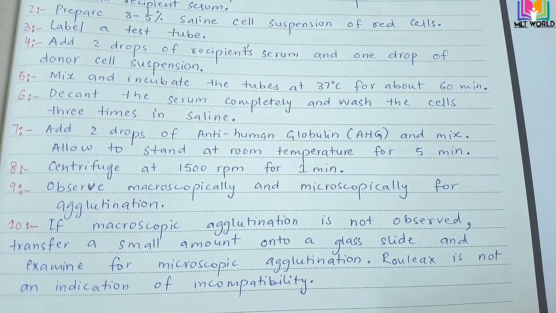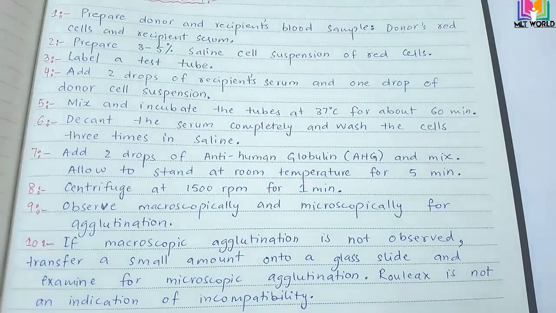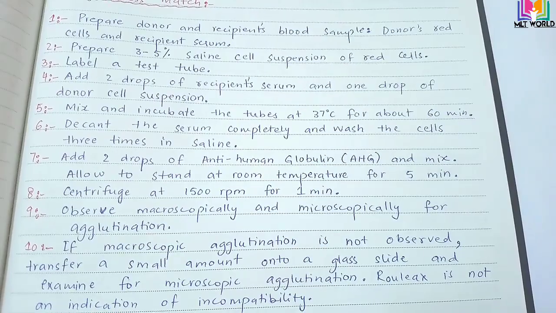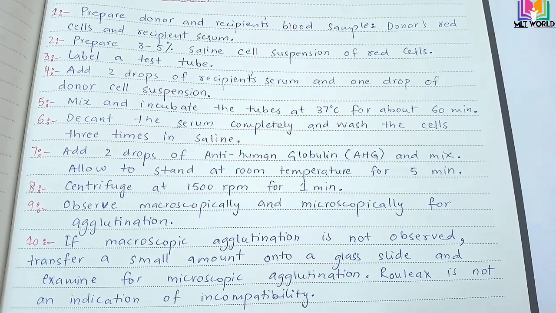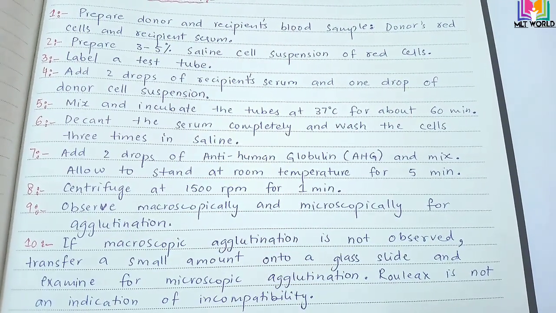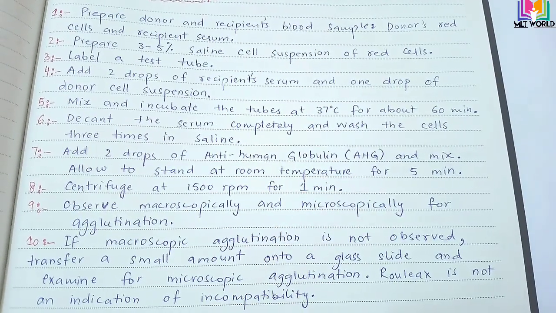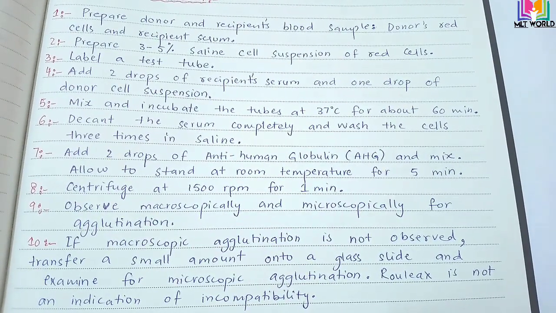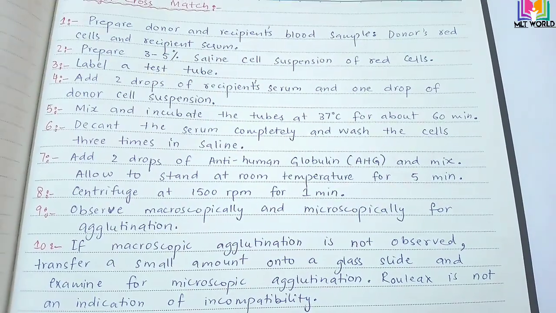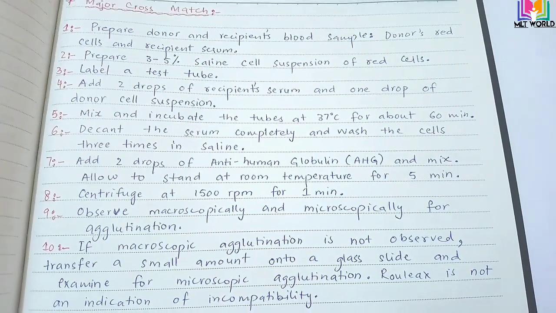After that, step number 6, we will decant the serum completely, and then we will wash the cells 3 times with saline. Step number 7, we will add 2 drops of anti-human globulin and then mix.